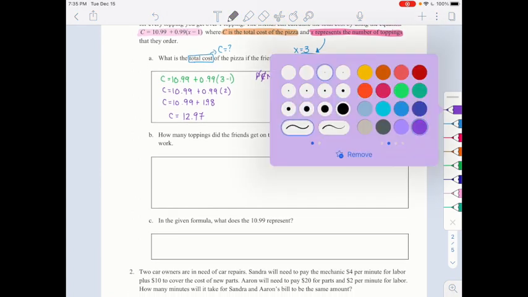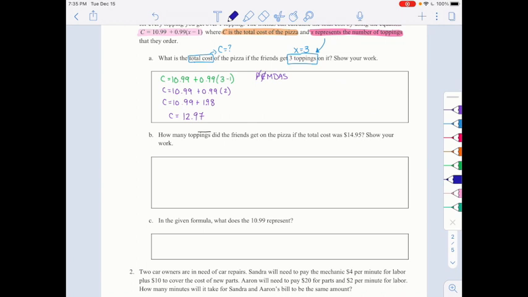The next question here says how many toppings? So that means I'm going to be looking for x. I don't know what x is. And did the friends get on the pizza? If the total cost was $14.95, so C must be $14.95 since C represents the total cost.